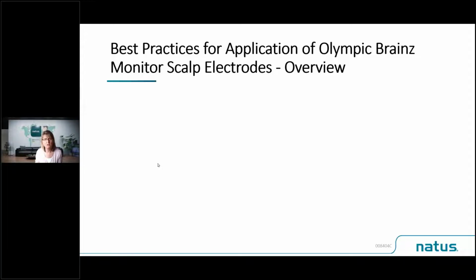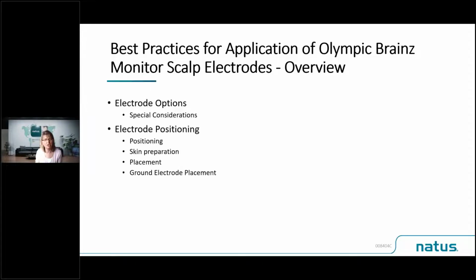So we'll take a review of electrode options and special considerations when we're thinking about electrodes. We will talk about hydrogel electrodes, subdermal needle electrodes, EEG cup electrodes, and with each section we'll talk about positioning, preparing the skin, placing the electrodes, and also we will focus on the ground electrode and the importance of that.